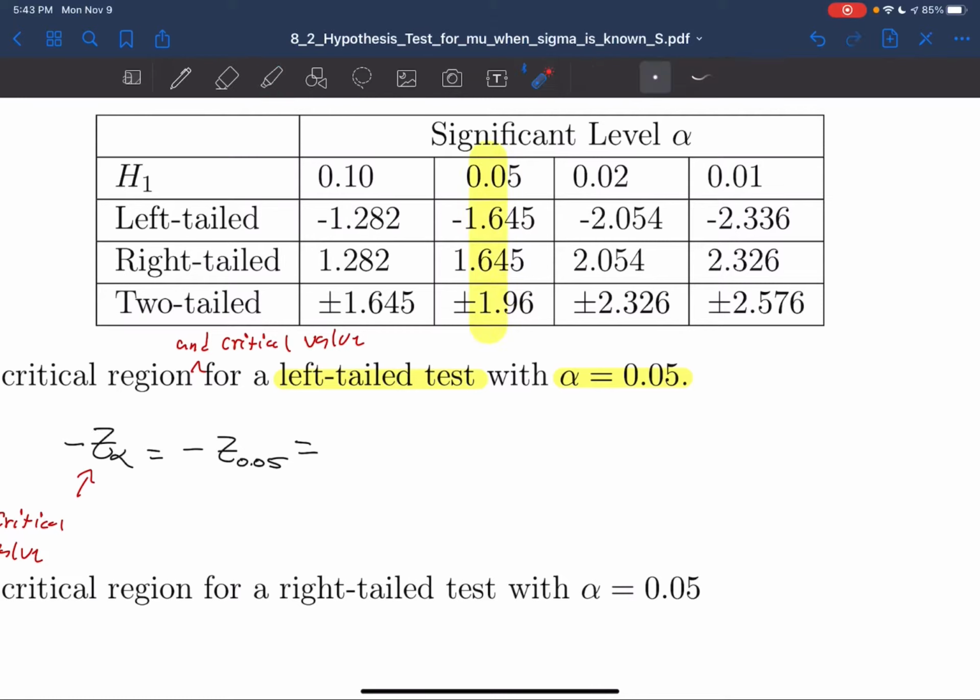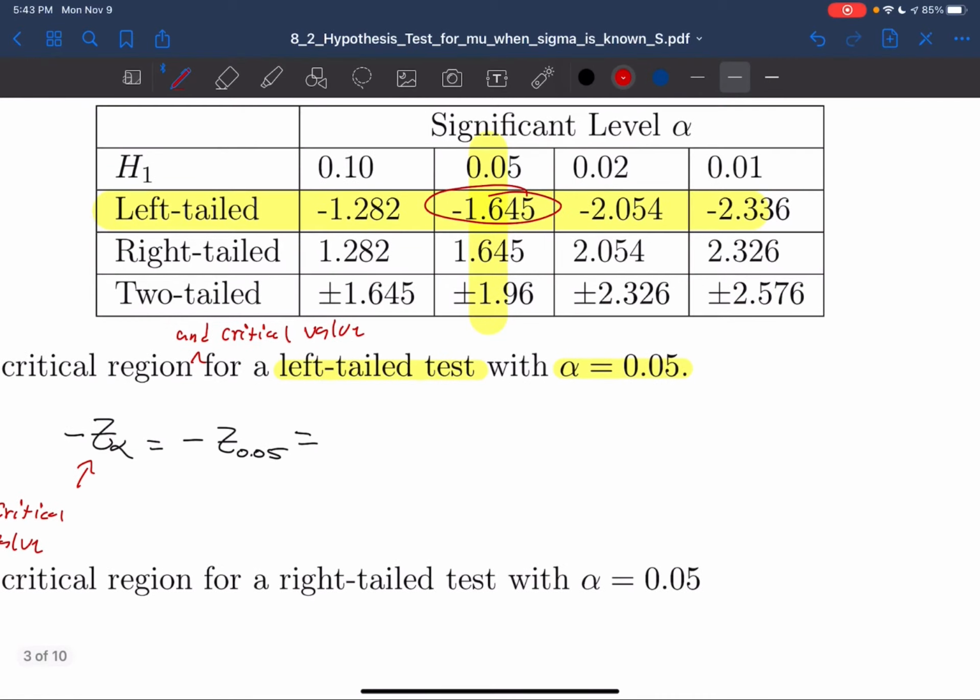But are we dealing with a left tail test, a right tail test, or a two tail test? Here we know that we're working with a left tail test. So here it is. Where they intersect is what our critical value is. And notice that there's a negative here, which gives you more confidence that this is our value.